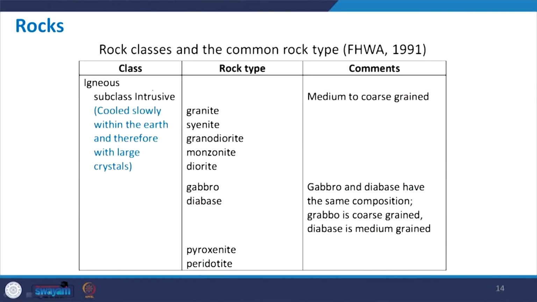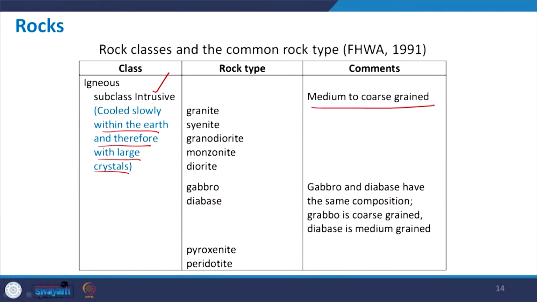Then the second subclass is intrusive. This cools down within the earth and therefore has large crystals. The cooling is slow and therefore it will have large crystals. This will be medium to coarse grained, as against fine grained in the case of the subclass extrusive.